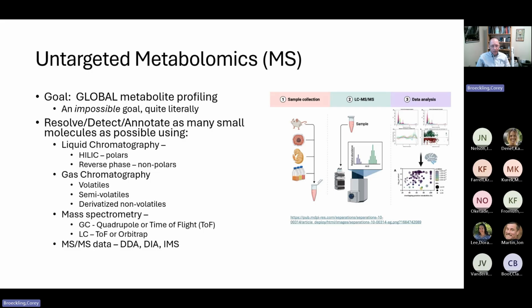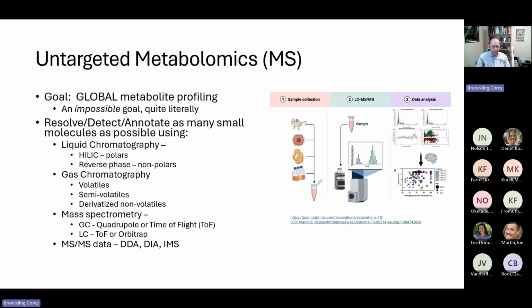And we do that by using multiple platforms. Depending on what sort of analytes you're interested in, we might use liquid chromatography. This tends to be really well suited for larger small molecules, where we can use a HILIC column for polar metabolites, or we can use a reverse phase column for nonpolar metabolites. Sometimes we'll use gas chromatography instead. Gas chromatography is extremely well suited for the analysis of volatiles, because the mobile phase through the column is a gas, and therefore gases move with the mobile phase.